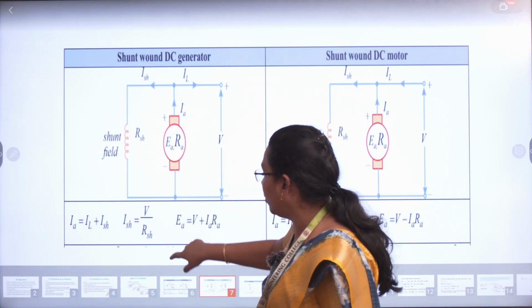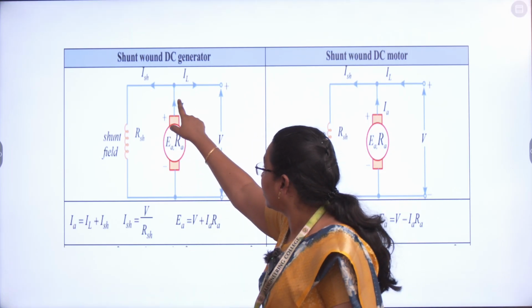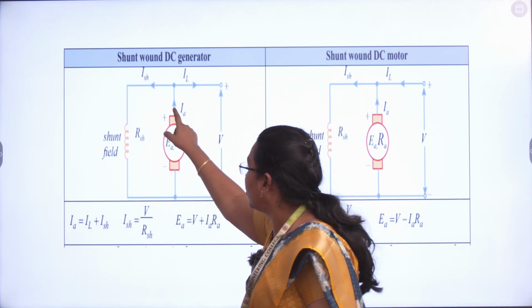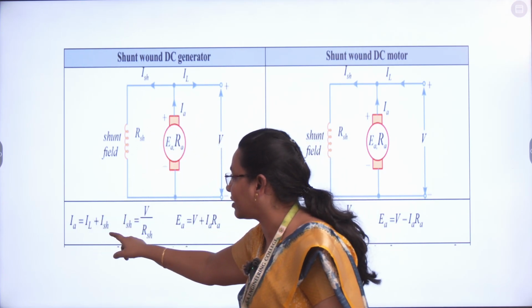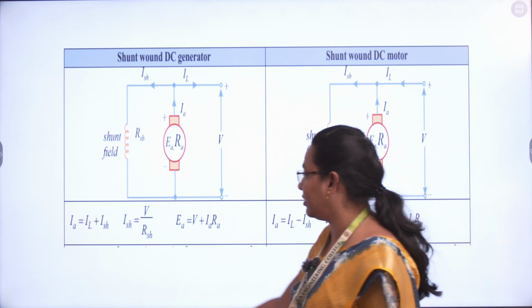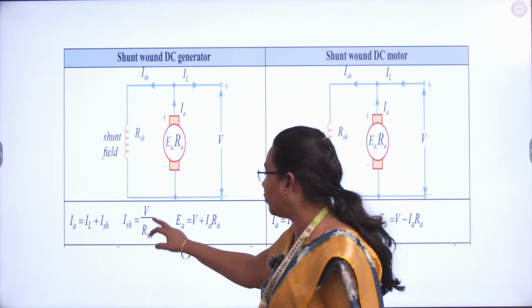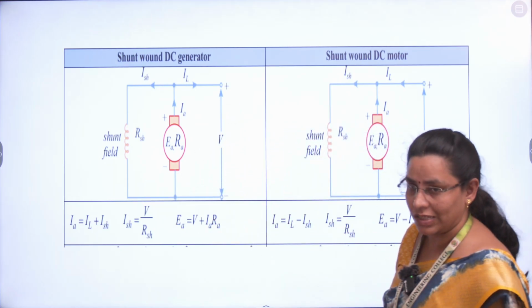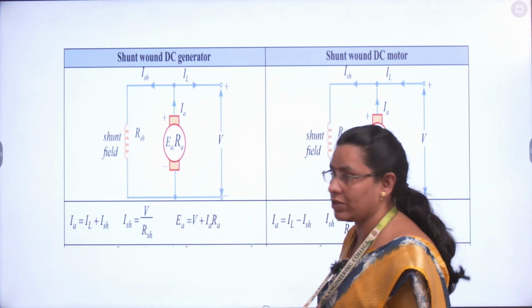According to Kirchhoff's current law, armature current IA equals IL plus ISH. ISH is nothing but the field current or shunt current, where ISH is equal to V by RSH. In both windings, voltage must remain constant.